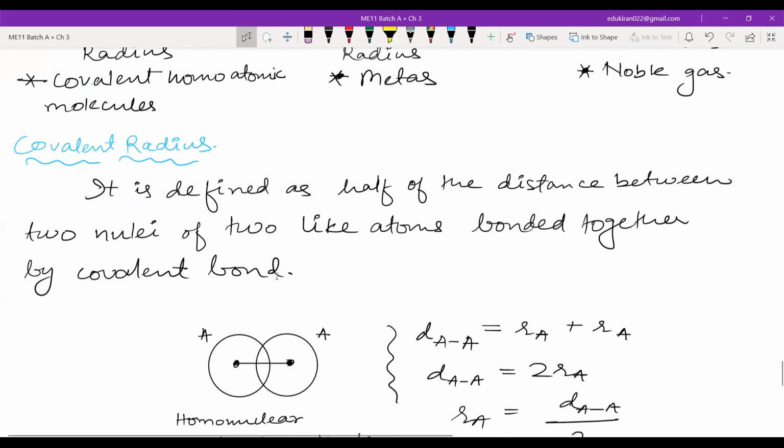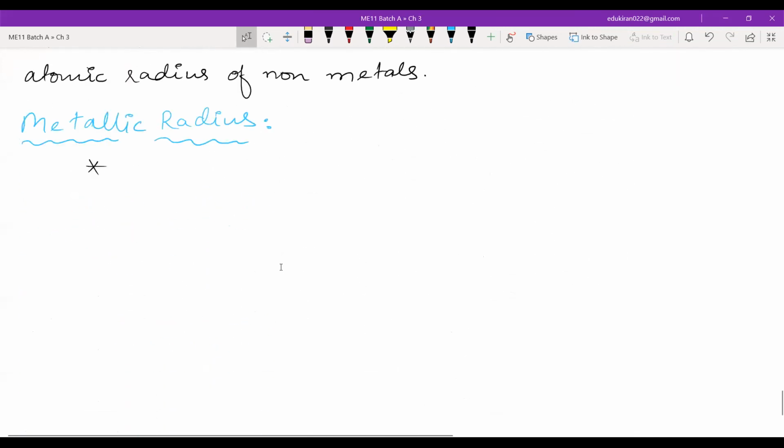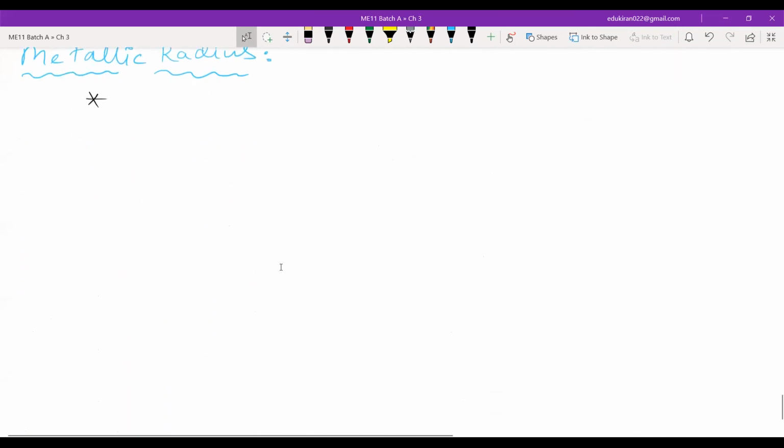See, when we have a covalent bond, that is the half of the covalent bond length, right? If we have metal, then that would be half of the metallic bond.